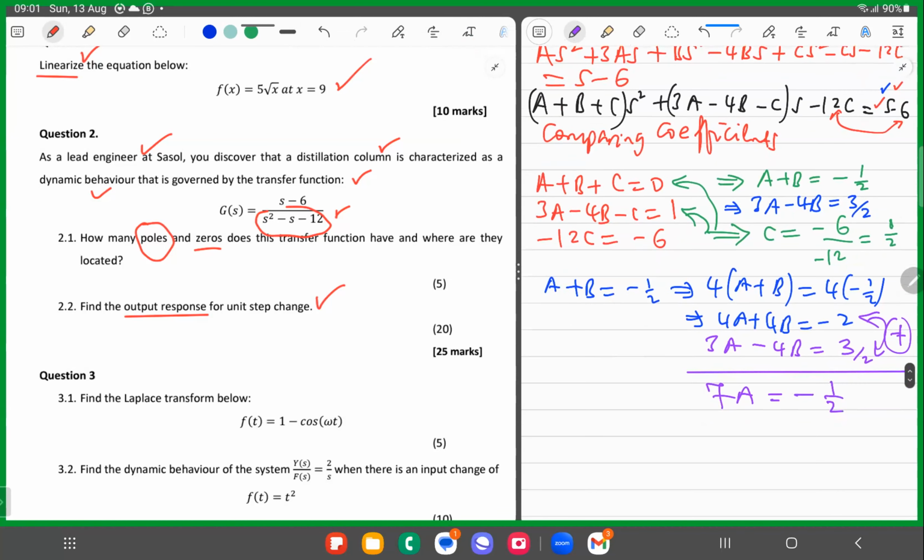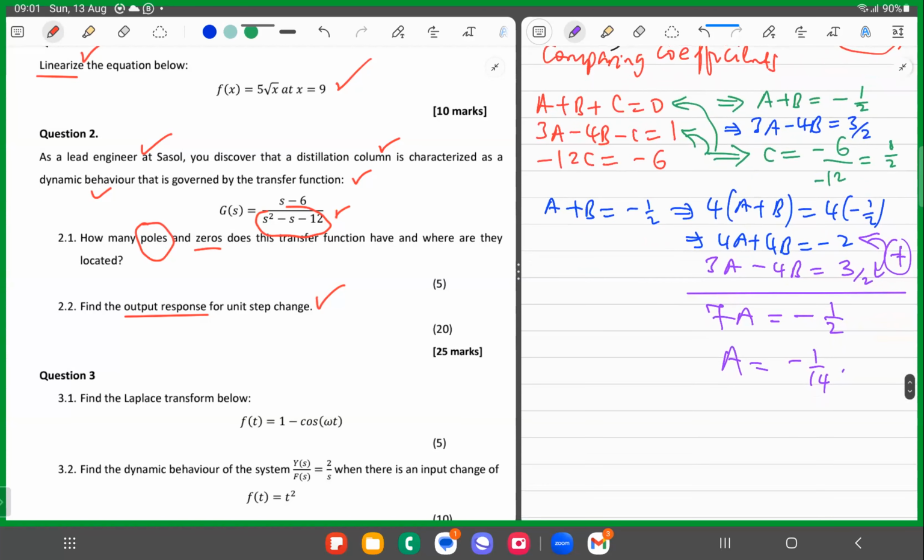And then if you divide through by 7, you'll get minus 1 over 14. So that's what we get. We continue.